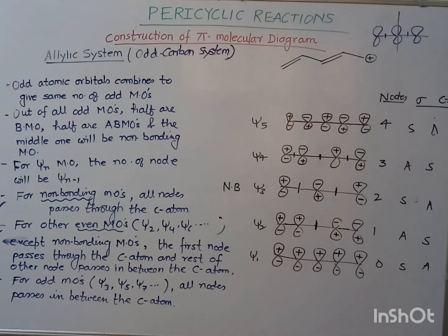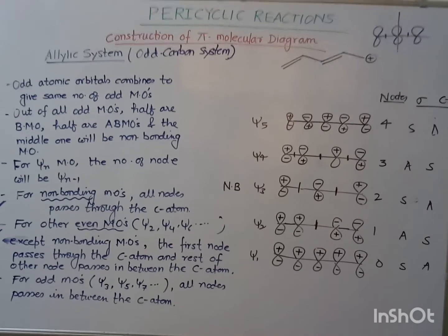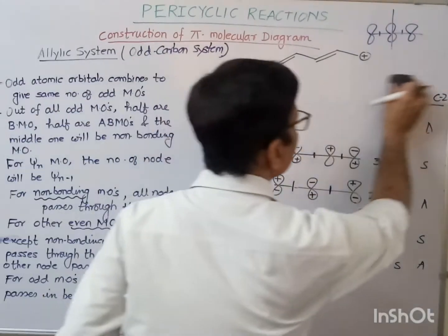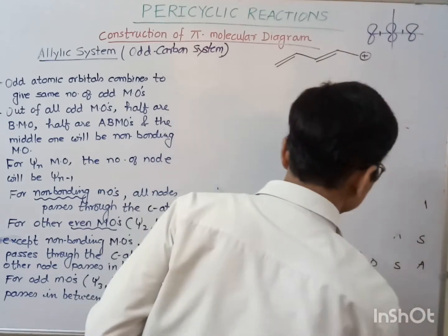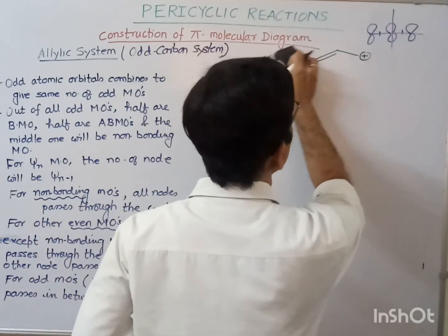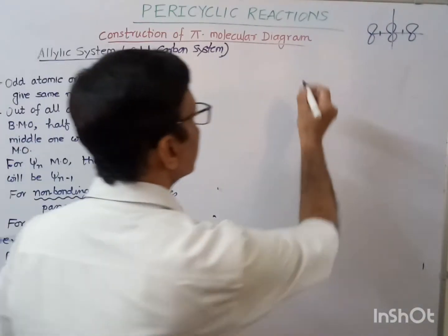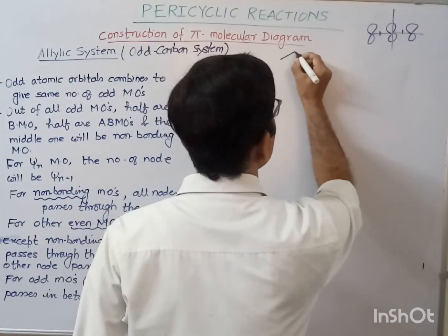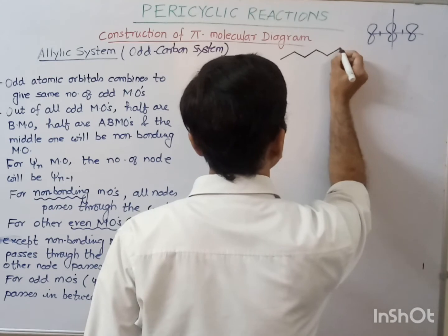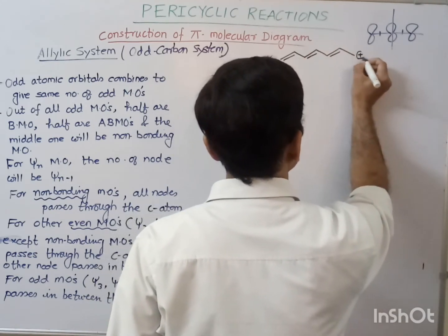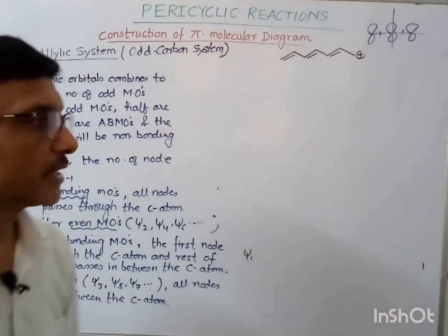In the same way, we may draw for the 7 carbon system. So for the 7 carbon system, it may be either an allylic cation or an allylic anion.